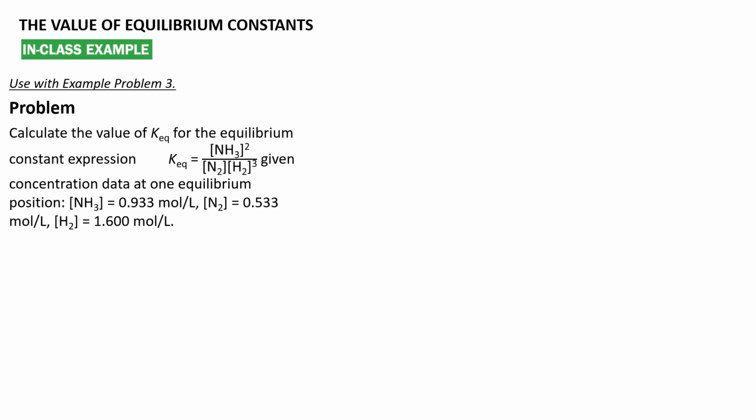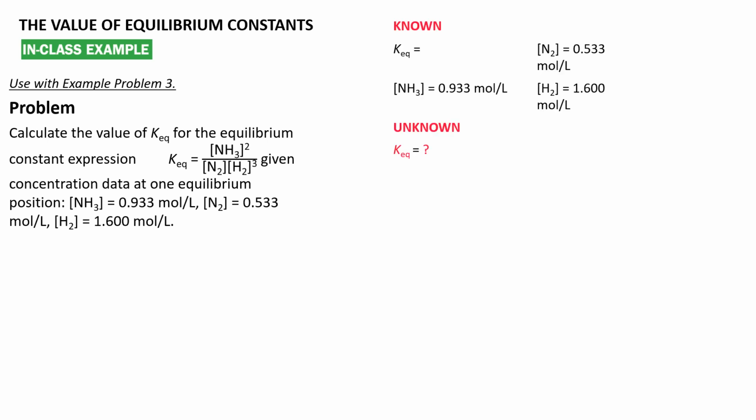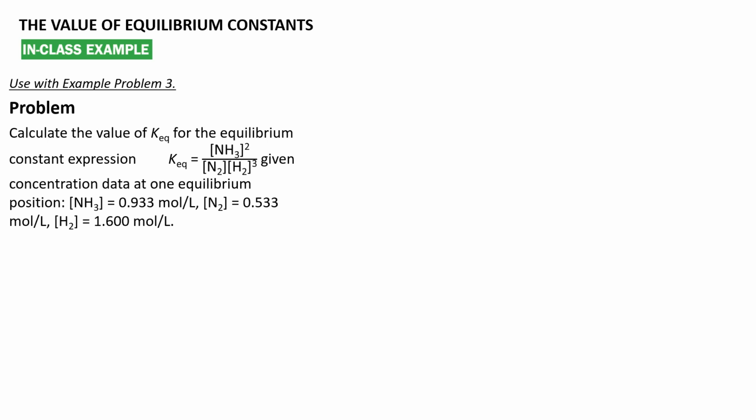So now we reach the last part. Okay guys, so this question says calculate the value of K equilibrium for the equilibrium constant expression given the concentration data on equilibrium position.